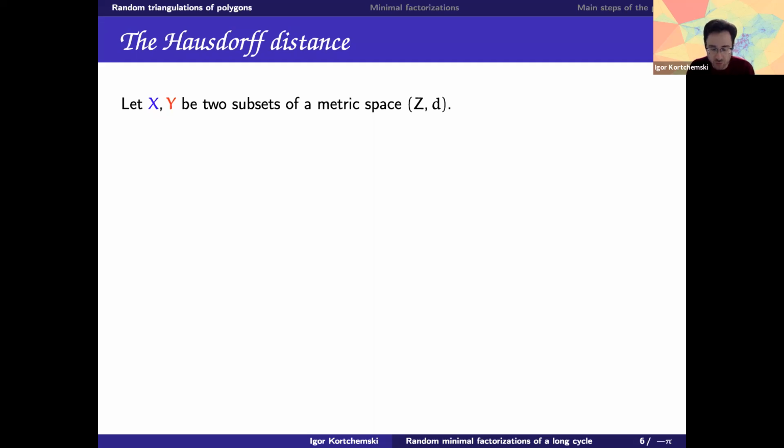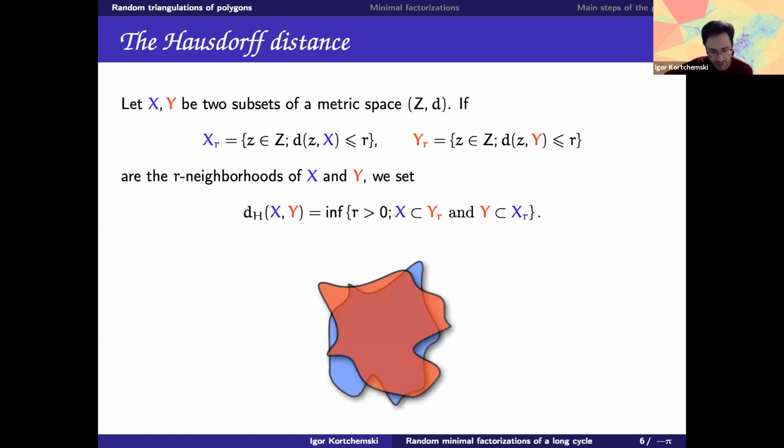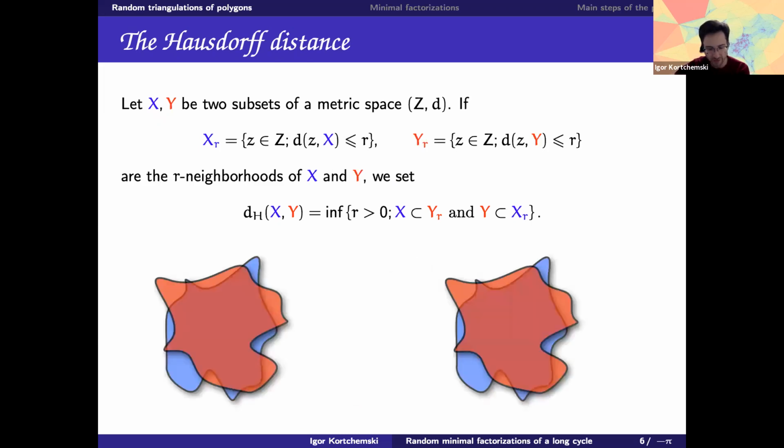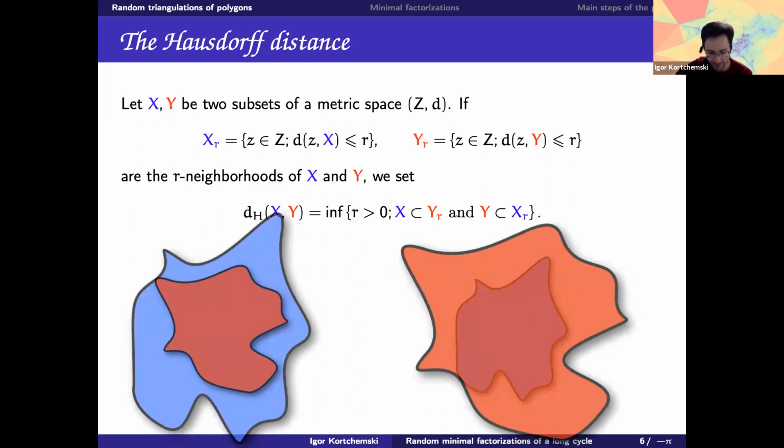It allows to define how far apart are two subsets of a same metric space based on their R neighborhoods. And here is the formal definition. We look at the smallest enlargement of y and of x, such that x is in the R enlargement of y and y is in the R enlargement of x. So you do an enlargement like that, and you take the smallest of these numbers.